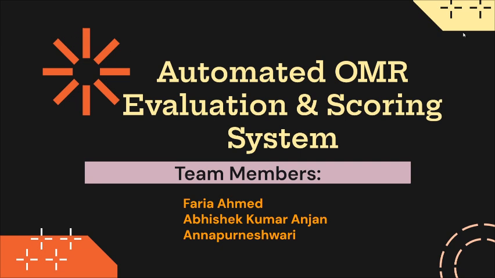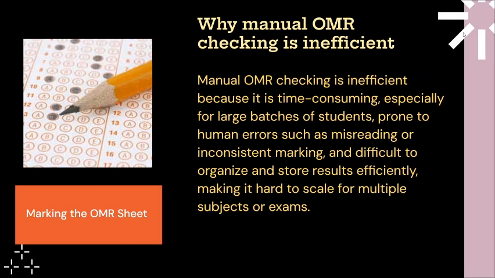Hello everyone, presenting a project: automated OMR evaluation and scoring system. Checking OMR sheets by hand is a big problem. It takes a lot of time, especially with a large group of students, and it is prone to human errors such as misreading or inconsistent marking, and it is difficult to organize and store results efficiently.